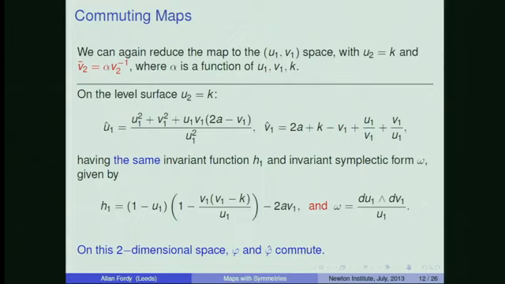They still preserve this function, they still preserve this symplectic form, and on this two-dimensional space, these two things commute. So for some reason, which we don't really understand, when you drop down to these two dimensions, you create two maps which actually commute, which is a rather curious structure.